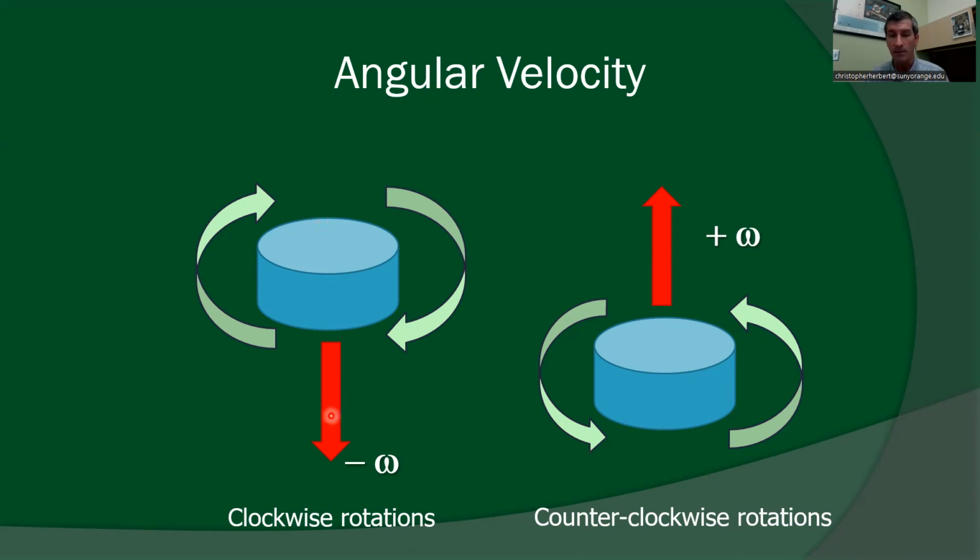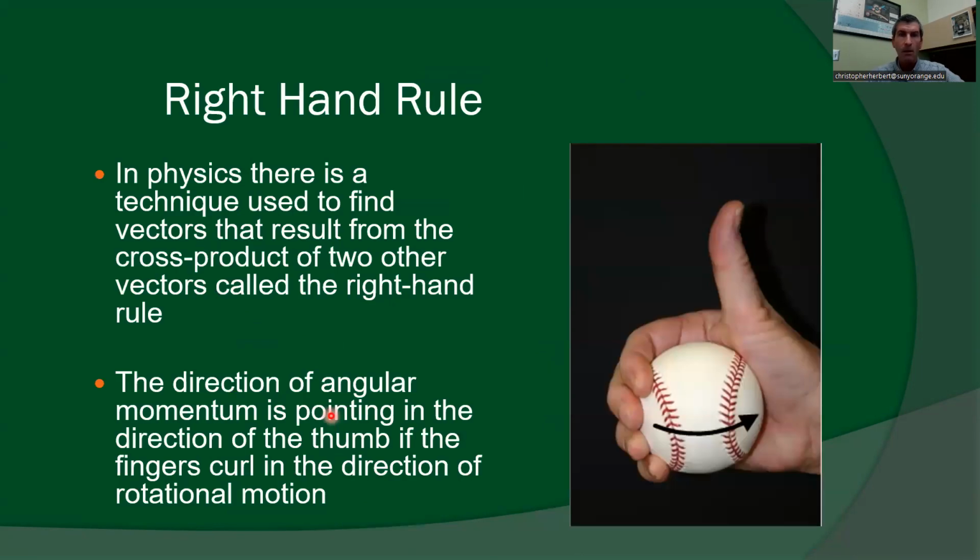It goes into the paper for clockwise rotation. And again, you can use the right-hand rule to help you with this. If you curl the fingers of your right hand in the direction of rotation, the thumb will indicate the direction of your angular velocity.